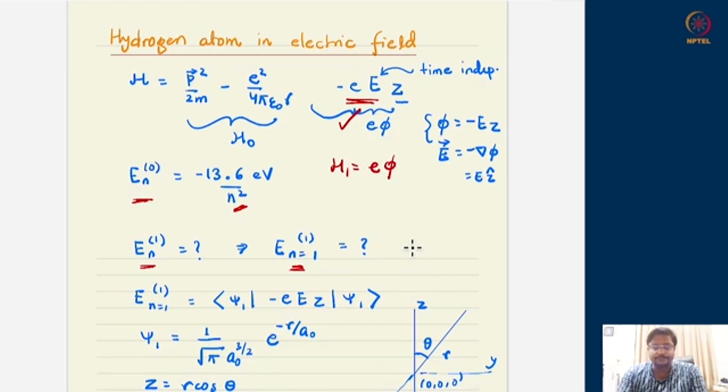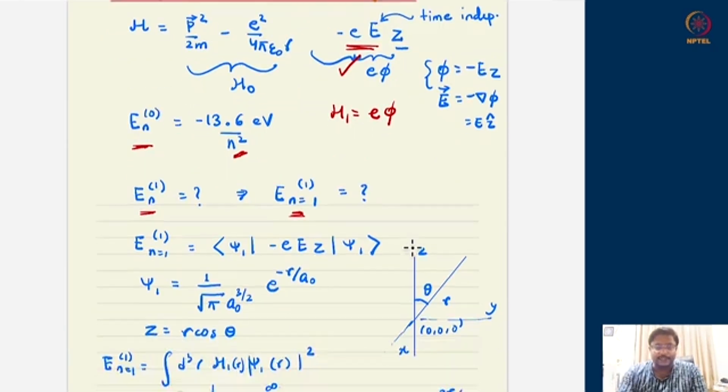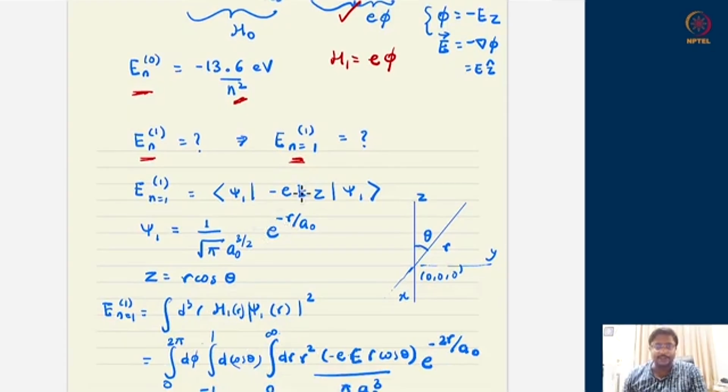In order to compute the first order correction, I have to take the Hamiltonian, which is E times phi, and since phi is minus E times Z, the Hamiltonian becomes minus E times capital E, which is the electric field, times Z, and squeeze it between the ground states, n is equal to 1. So that would be the first order correction to the energy eigenvalue of the ground state. In order to do so, I have to compute this object.